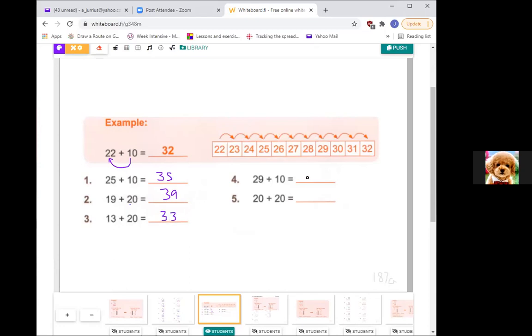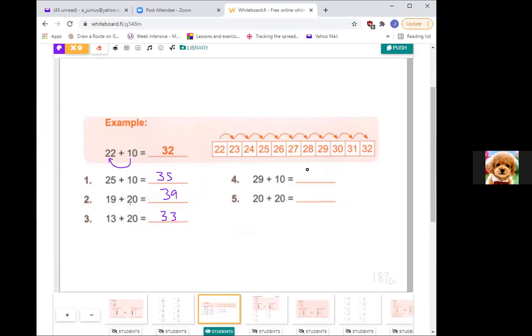Alyssa, can you do number 4? Yes. Okay. Which page are we on? We're on page 187. Number 4. Is it 29 plus 10? That's correct.